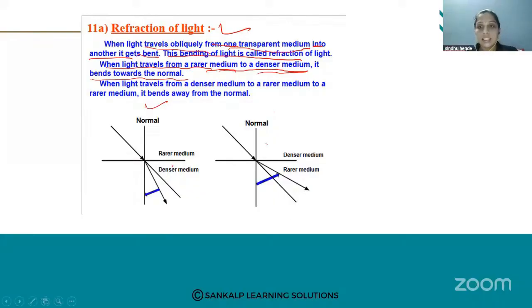Okay. ಈಗ ನಾನು statement meaning ಅನ್ನ ಹೇಳಿದ್ದೇನೆ. Now we will see what is the actual meaning of the refraction of light with the help of these images. Okay. See, light travels from a denser medium to rarer medium or rarer to denser, it bends. So once it bends towards and once it bends away from the normal.